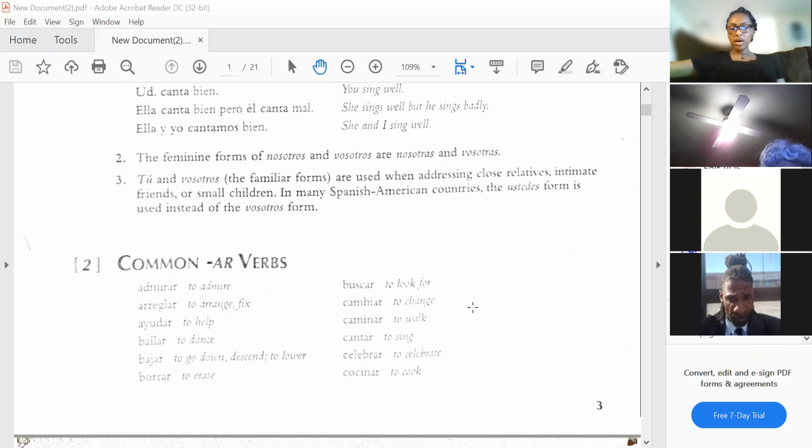And what about we dance? Nosotros bailamos. Yes, we're adding the amos. So to say we dance is nosotros or nosotras bailamos. That's we right here. What about to say they, all males? Ellos.